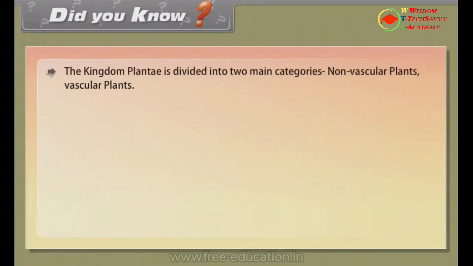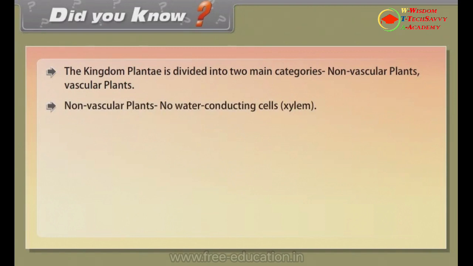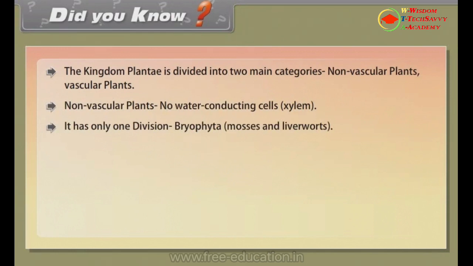Did you know? The kingdom Plantae is divided into two main categories: non-vascular plants and vascular plants. Non-vascular plants have no water conducting cells, xylem. It has only one division, bryophyta, mosses and liverworts.